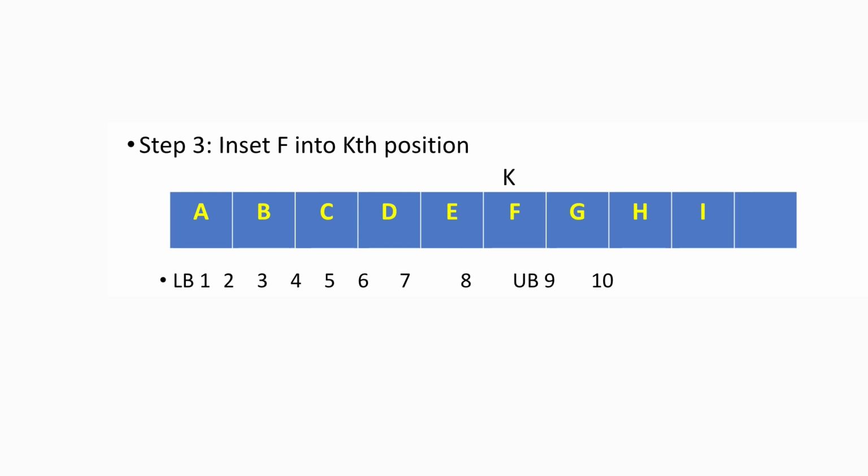H was previously in the 7th position, and now it is in the 8th, and I is updated to the 9th position. After inserting a single element, the size of the data is also increased. Before the insertion the size was 8, now the size is 9. So the upper bound will also be reset to the 9th position.